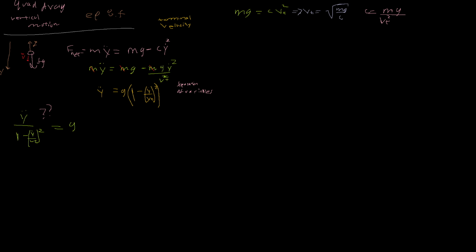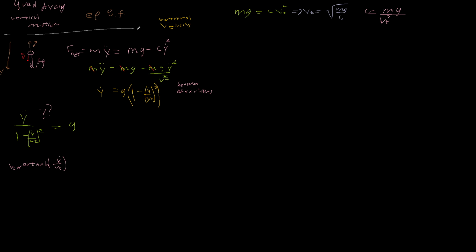If you're not familiar with this, this is actually the derivative of the arc hyperbolic tangent function. So this actually becomes v terminal times arctanh of y dot over vt.